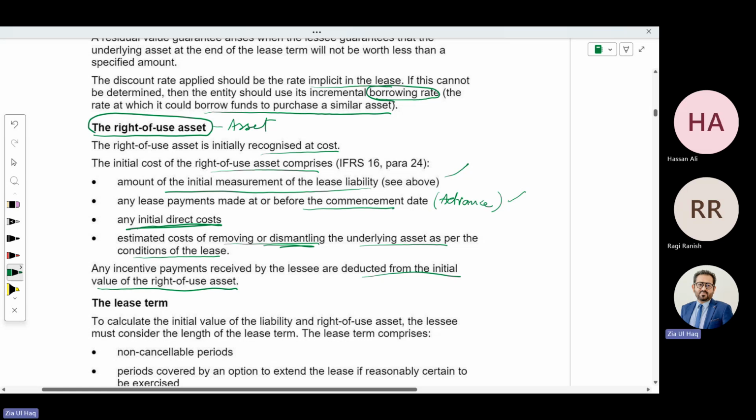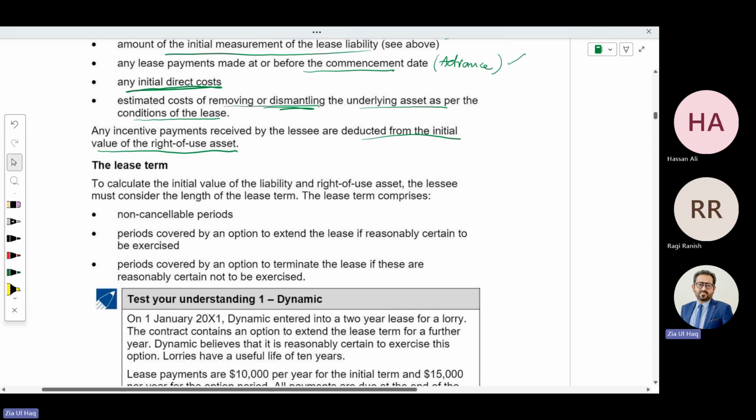So the right-of-use asset is lease liability cost plus advance plus direct cost plus dismantling cost less incentive received. What is the lease term? Lease term is the period for which you are getting the right of use of the asset. That is called the lease time period.